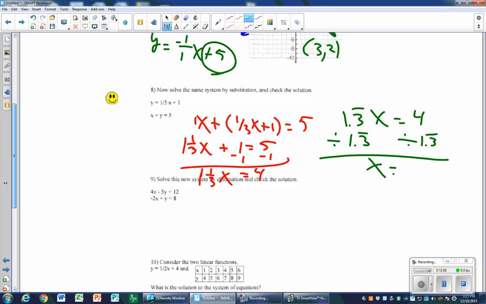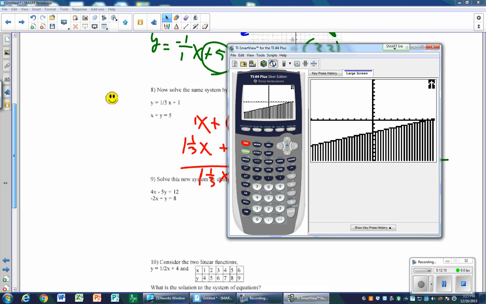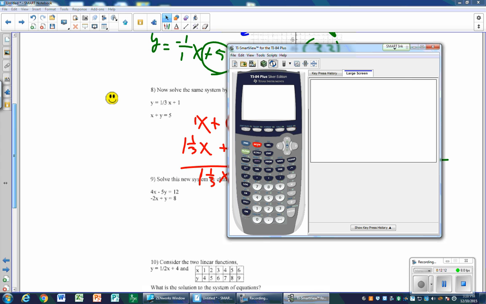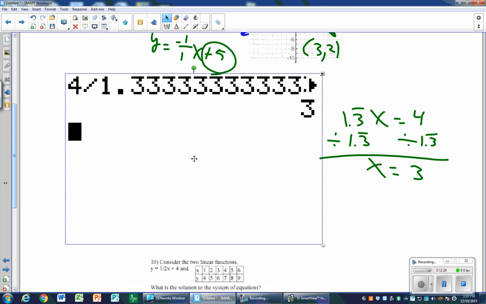When you do that on the calculator, four divided by 1.3 repeating. How many times? About that many times. And then it gives you the answer right there as 3.